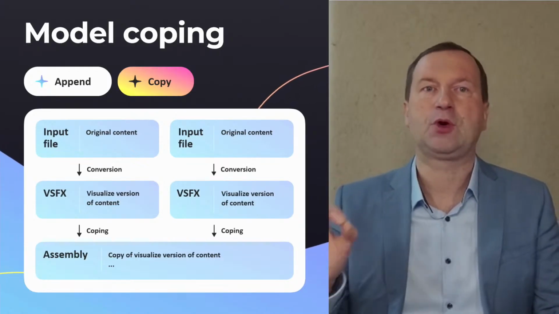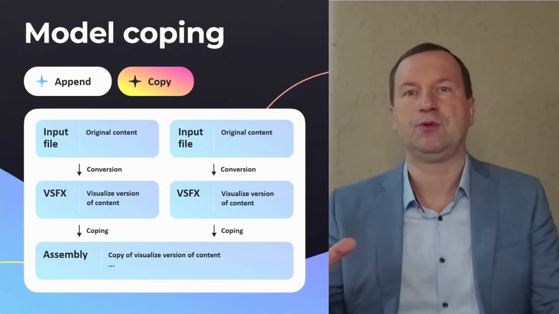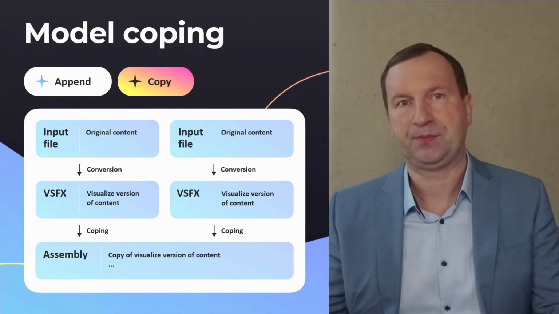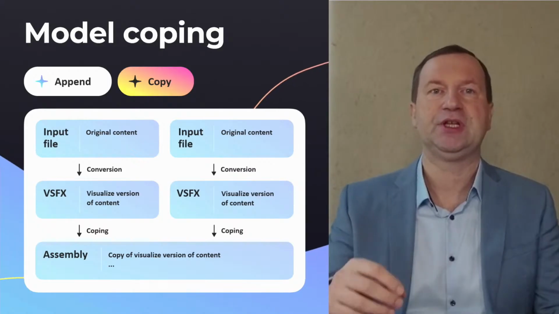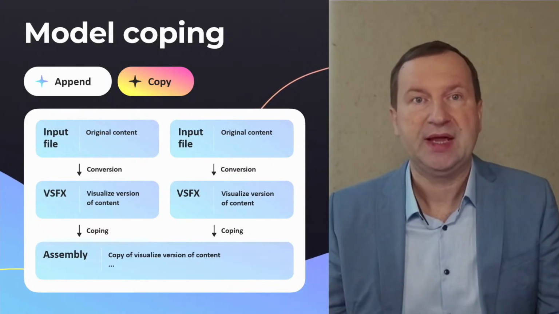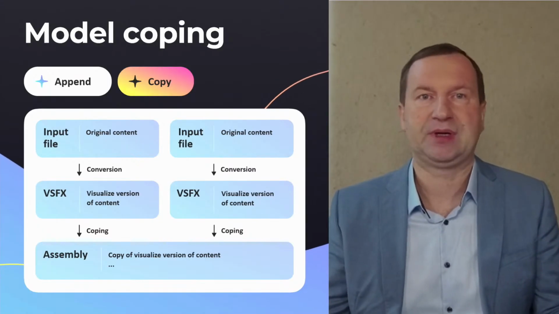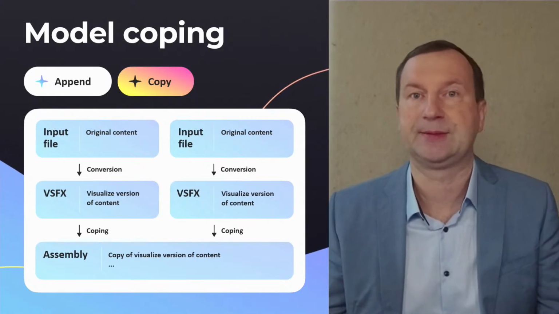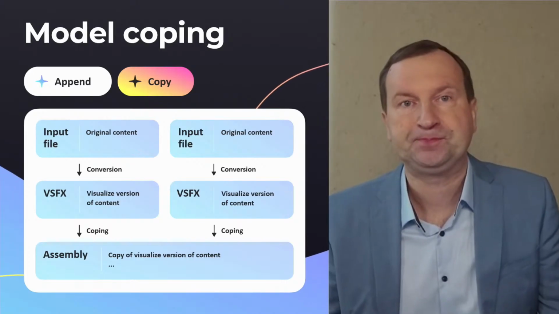Both methods involved copying data, either during conversion or through direct VSFX copy, making assembly creation a time-consuming process. Additionally, the resulting assembly typically stored all combined data at runtime, which could require substantial memory.